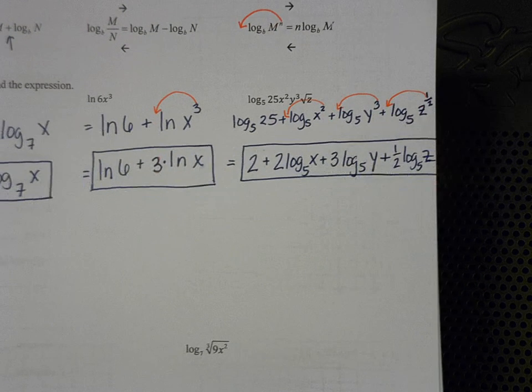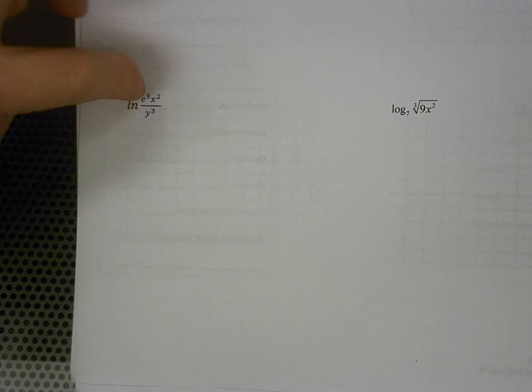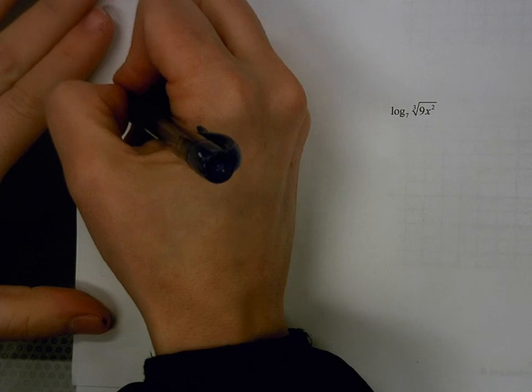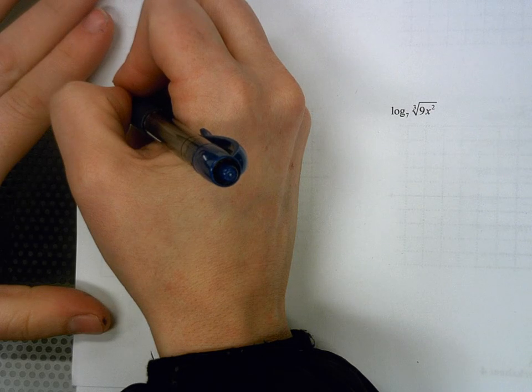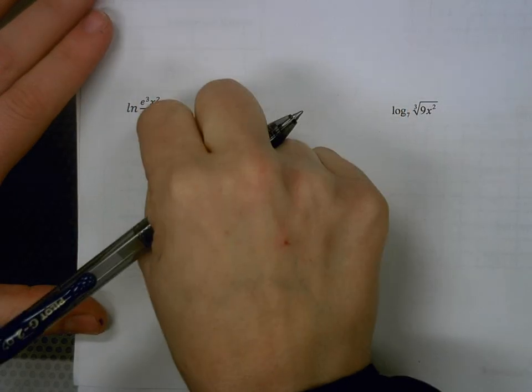All right, moving on. We've got multiplication, exponents, and division in this problem. So we're going to use all of our logs. Let's start with what's being divided because I have a numerator and a denominator.